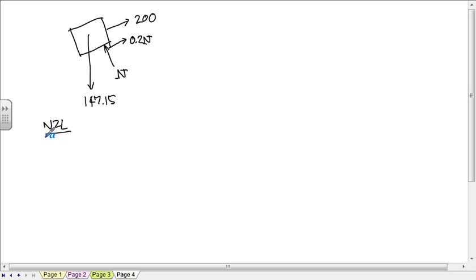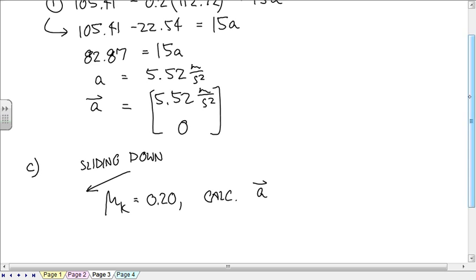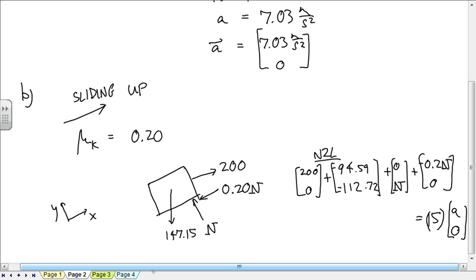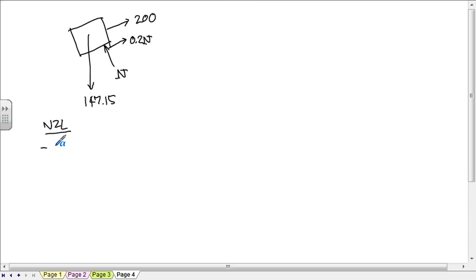So Newton's second law says, what were those values again? The negative 94, negative 112. So there's the weight. The normal force is always the same, 0, n.